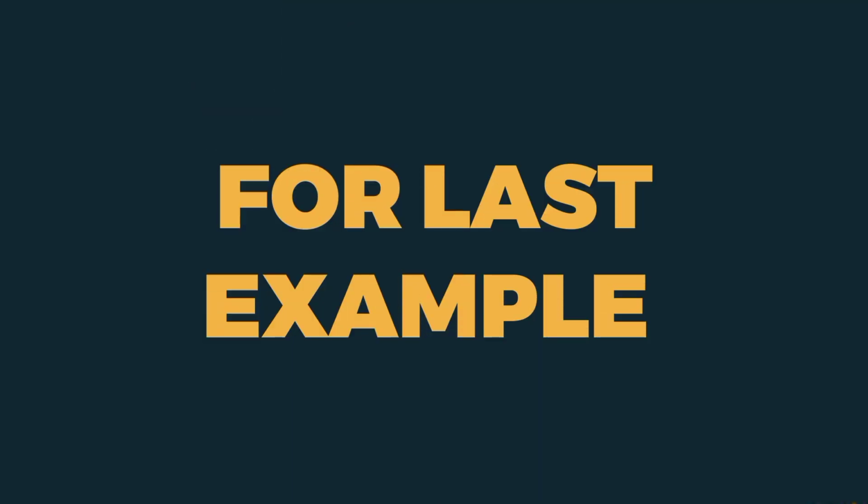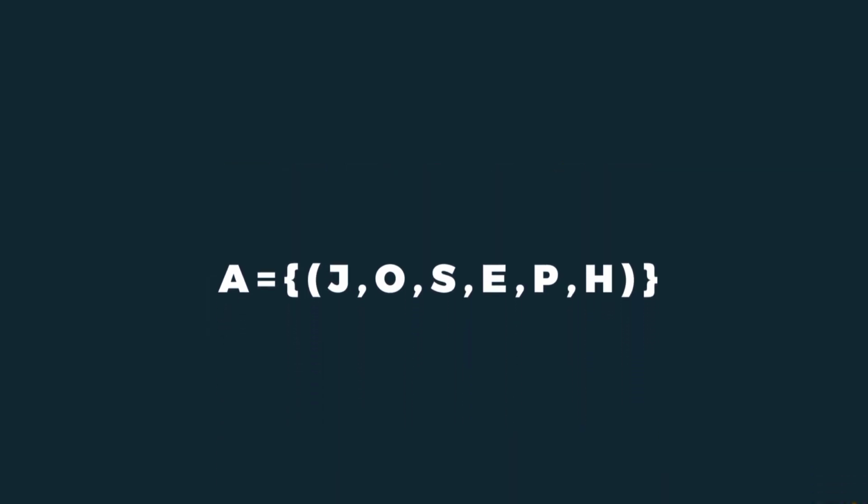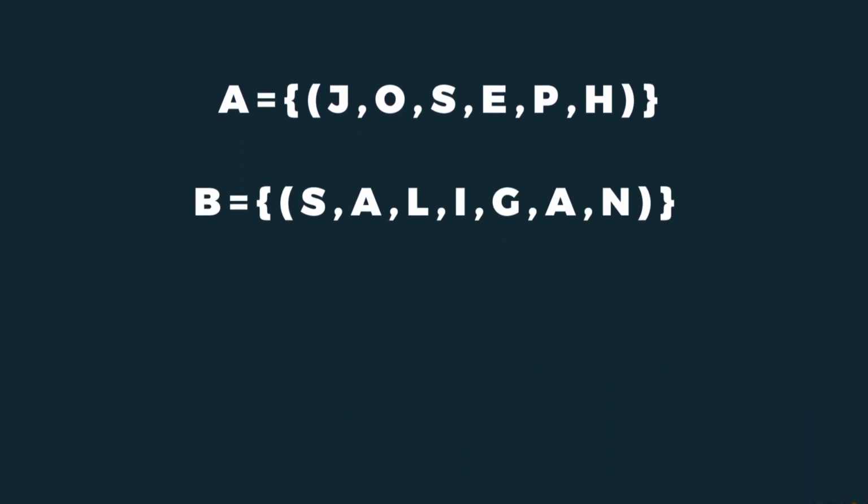Now we are down to our last example. We have let A equal {J, O, S, E, P, H} and B equal {S, A, L, I, G, N}.